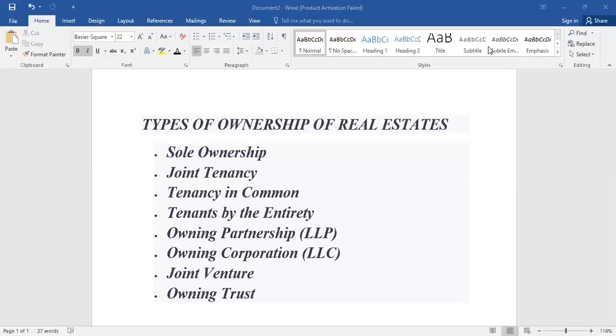Before you enter into an agreement for a real estate asset, it's very important to be fully informed about the underlying legal, practical and tax implications before you own that particular property.